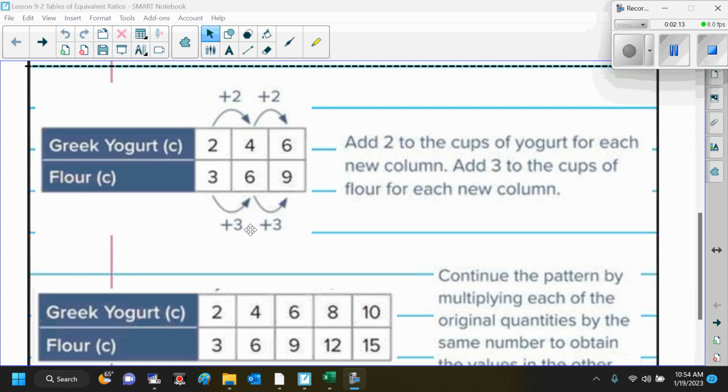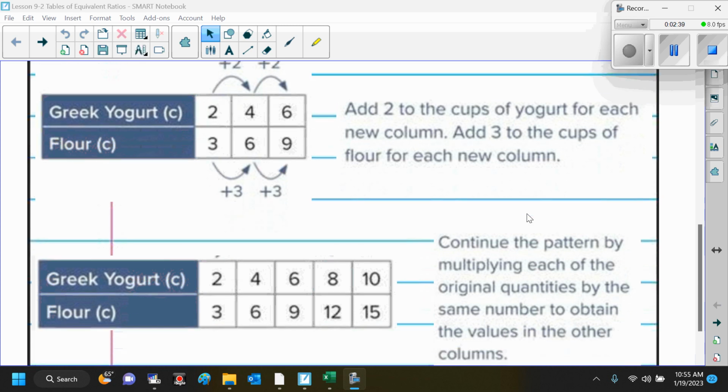These two don't have to be the same when you're adding, okay? That is creating equivalent ratios. So 2/3 is equivalent to 4/6 is equivalent to 6/9. So here we're going to add 2 cups of yogurt for each new column. We'll add 3 cups of flour for each new column. That is one way to create a ratio table.